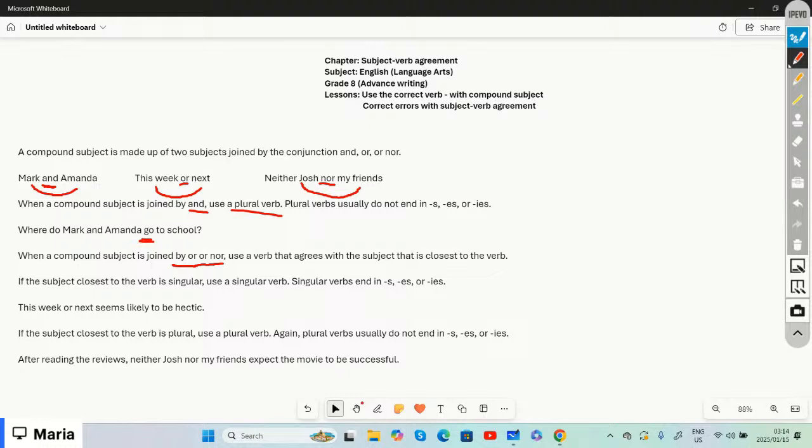And if the subject closest to the verb is singular, then we need to use a singular verb. And when we use a singular verb, that verb ends with s, es, or ies, depending.